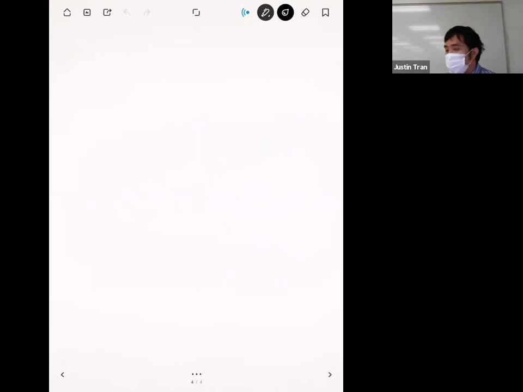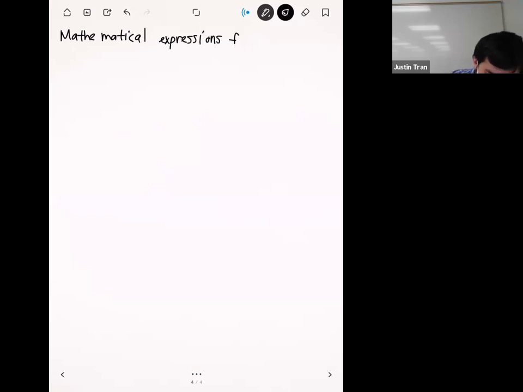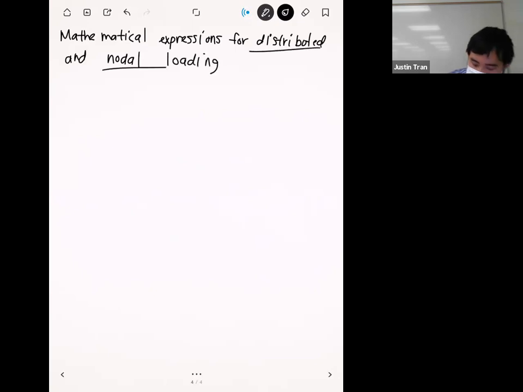that expresses the amount of work done by a distributed load and by a nodal load. All right, so let's start with distributed first.